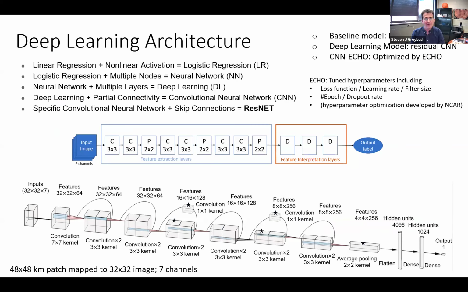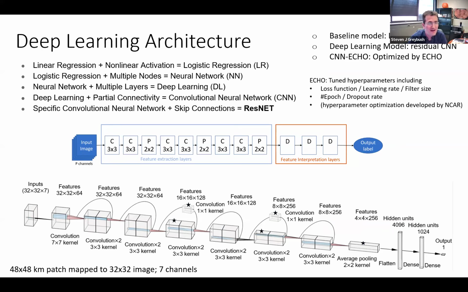Okay, so what's the methodology that's used? Many of the listeners might be familiar with linear regression or MOS. We're going to start with that and build our way up to the ResNet architecture that was used here. So if you take a linear regression algorithm and you add a nonlinear activation function, right?